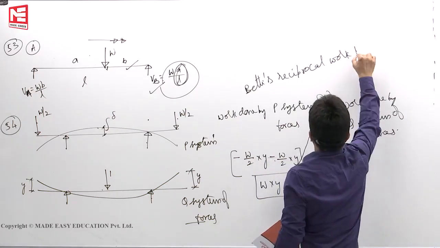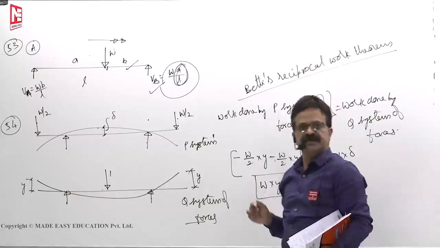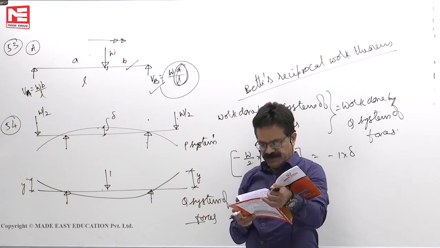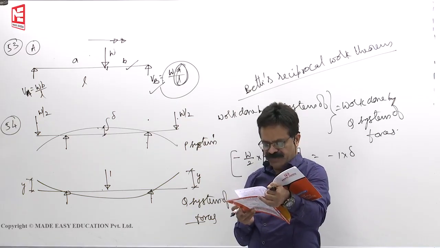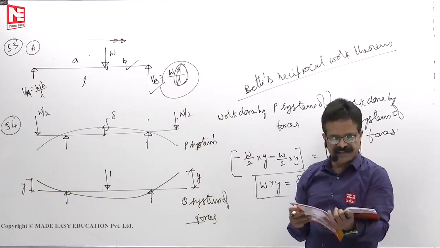This is from Betti's reciprocal work theorem. In matrix methods also I have given you this Betti's reciprocal work theorem. The statement: the equation for the unknown deflection delta using reciprocal theorem is delta is equal to W into Y. Correct.